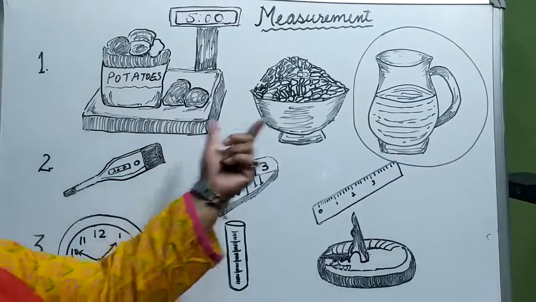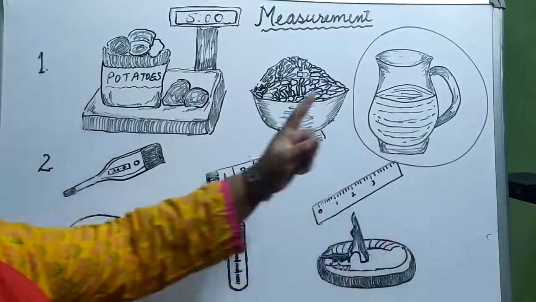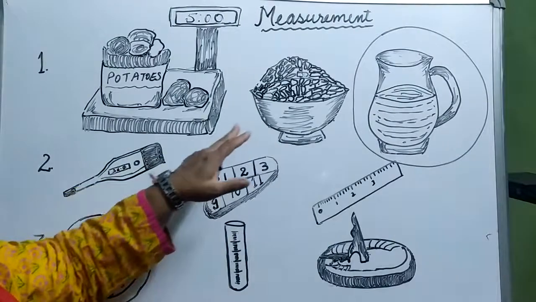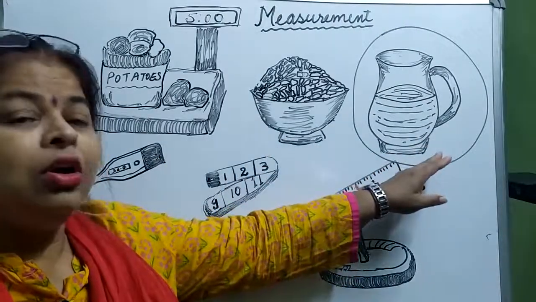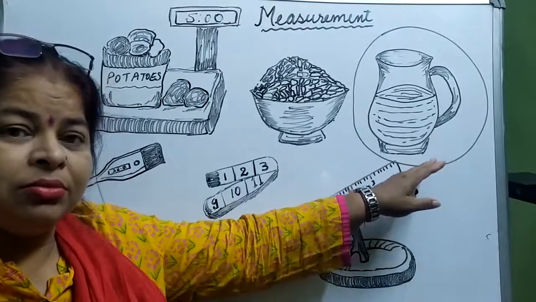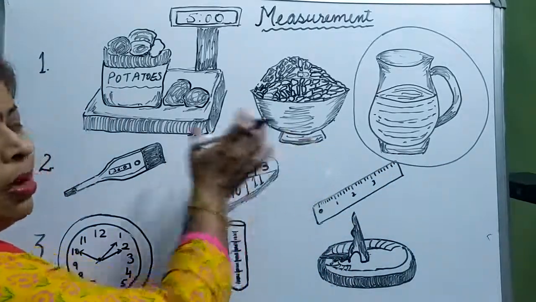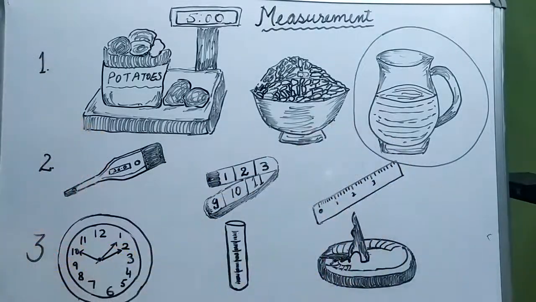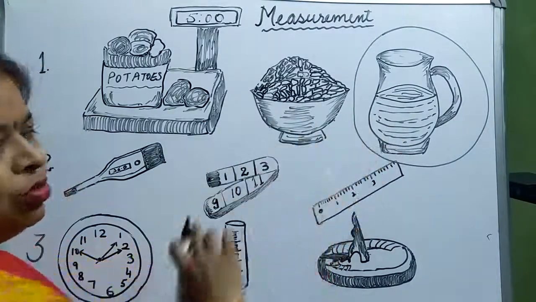So, this is a liquid, so this is the odd one out, because the system used to measure solid things is completely different for liquid measurement. Here we are talking about the mass, how much matter is present in it, but here we are talking about the volume. So it is completely different. That's why it is the odd one out.